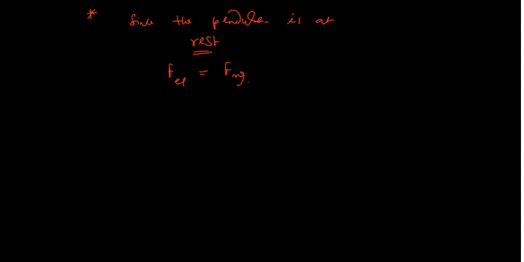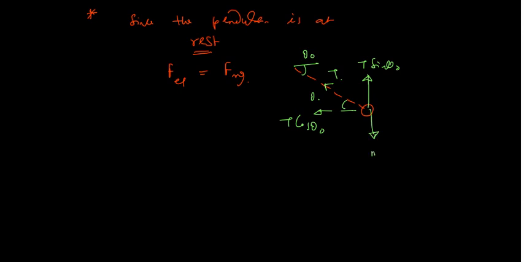After equating the forces, it is in that direction like this. So I will write, this is T. If this is theta naught, then this is also theta naught. So this is T cos of theta naught, this is T sine of theta naught, and this is mg, right? Okay.